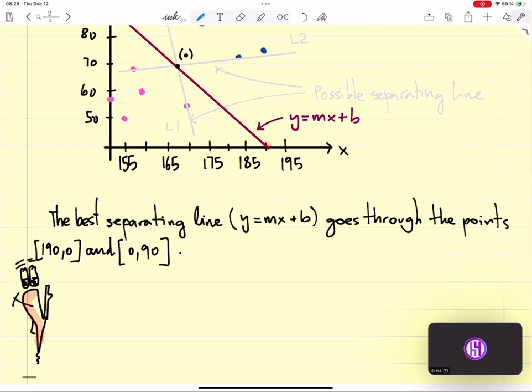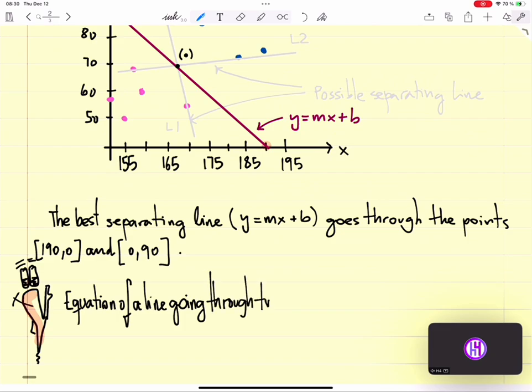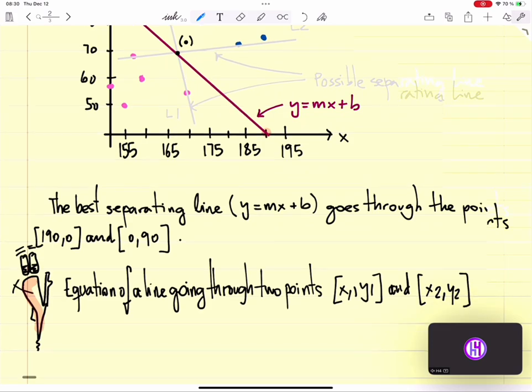Here is the equation of a line going through 2 points x1, y1 and x2, y2, like this.